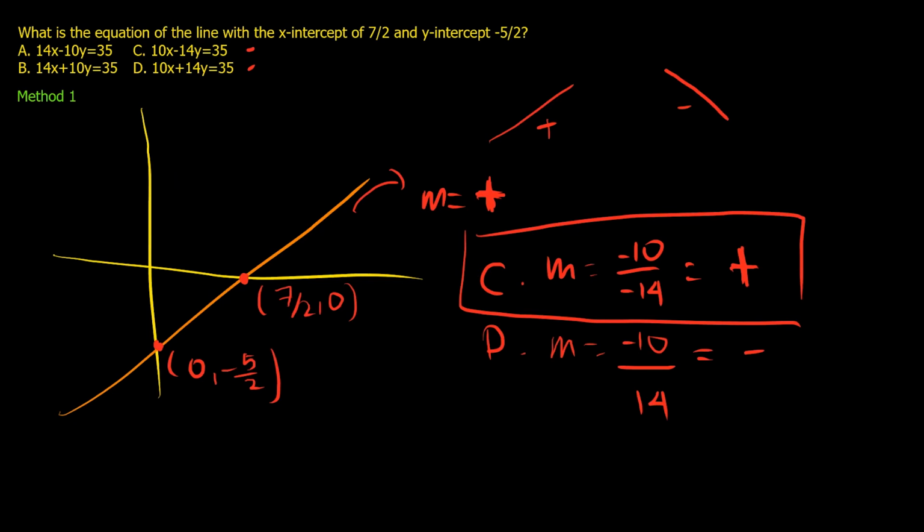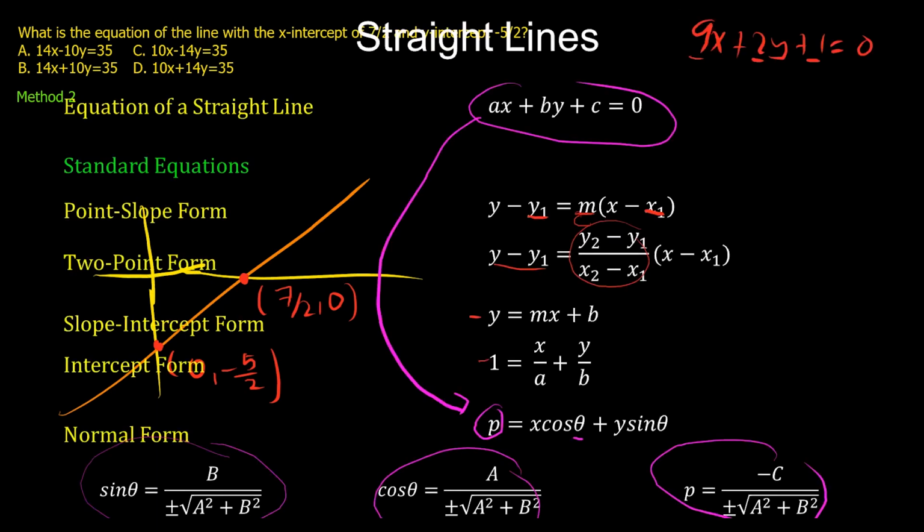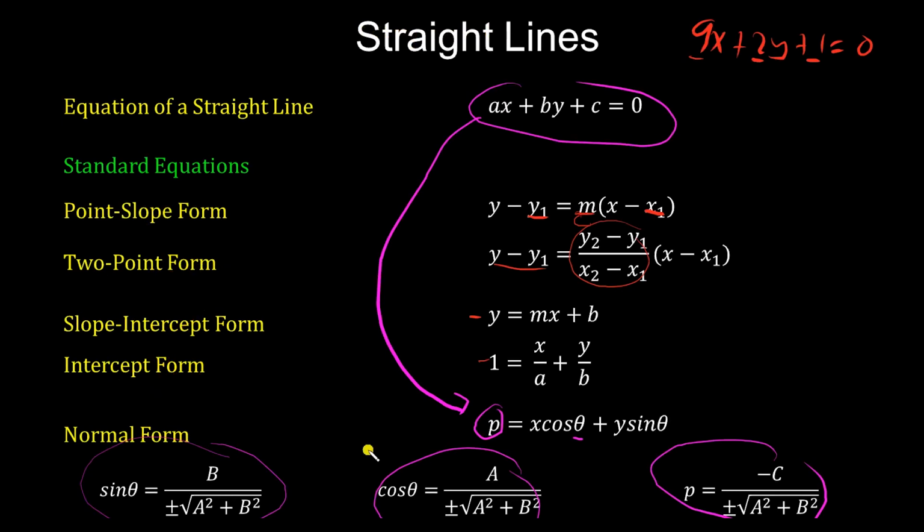So, proceed ta sa method number 2 na to, class. Okay, method number 2. Gamiton na to tong kaning intercept form, di ba?